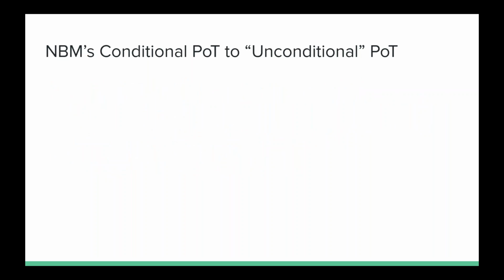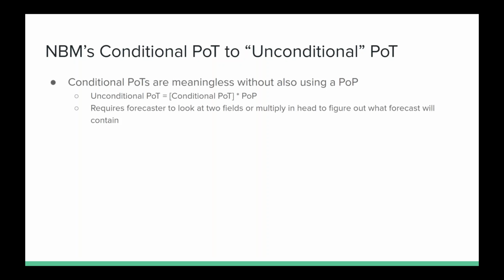So let's talk about this conditional versus unconditional. First, I want to say that this concept has been with ForecastBuilder since its inception. A lot of it's been kind of in the background, if you will. We've been working with this whole conditional concept for a very long time with the existing techniques, where all the probability of type grids have been conditional, and then when you go to create the weather grid, it makes it unconditional.